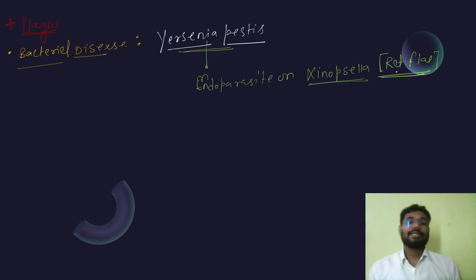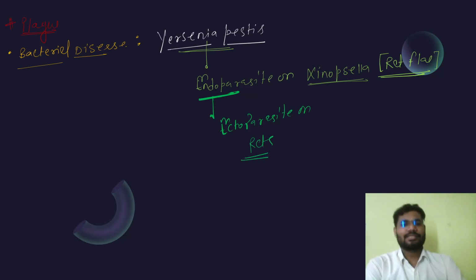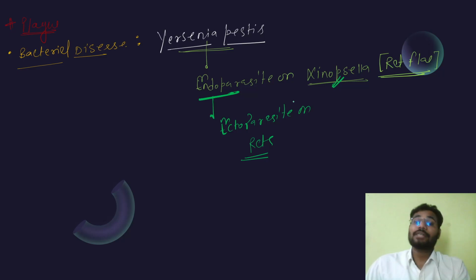What we need to understand is that this Yersinia pestis is an endoparasite on Xenopsylla, and this Xenopsylla is an ectoparasite on rats.